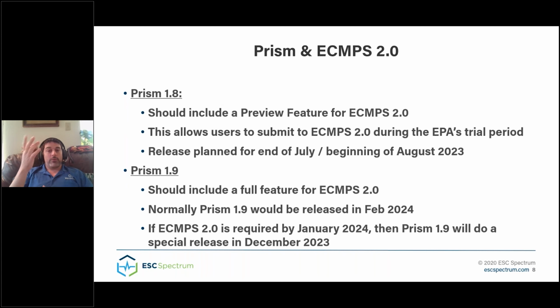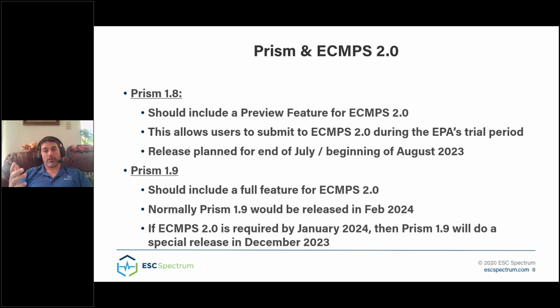Now, some of you probably heard that the EPA is changing the way we do the ECMPS submissions. It's called ECMPS 2.0. Rather than using XML format, we're using JSON. Anyway, in Prism 1.8, we're planning to include a preview feature that will meet the ECMPS 2.0 requirements.